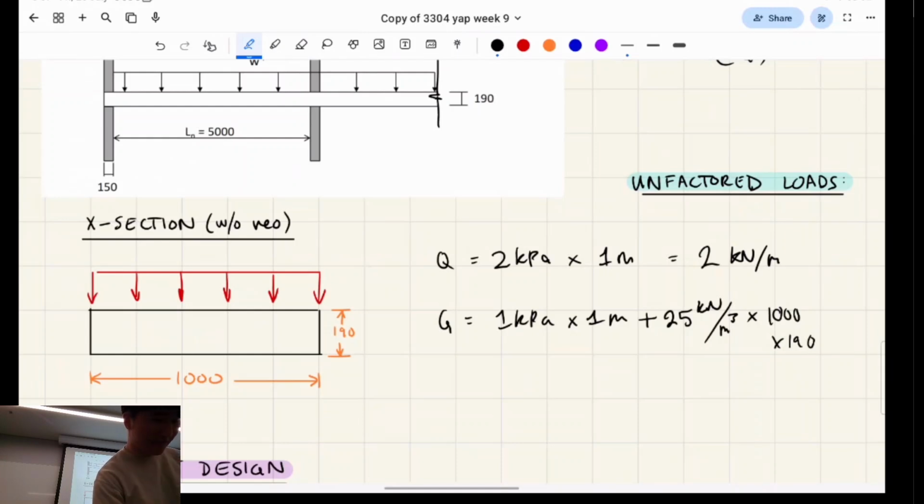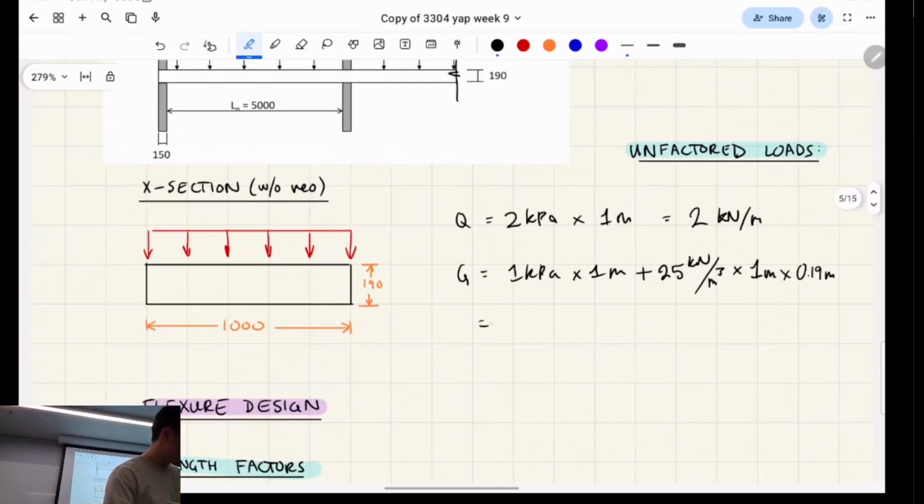Sorry, my bad. No, it's not your bad, I'm trying to point these out so you don't make the mistake in the finals. It's the depth of the slab, because the width is 1 meter. So that's 5.75 kilonewtons per meter, right?